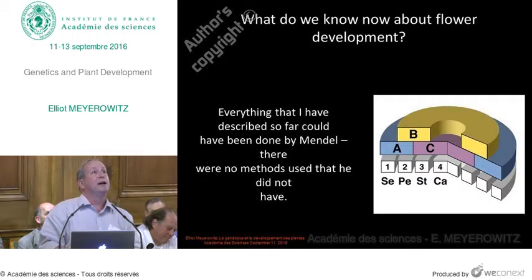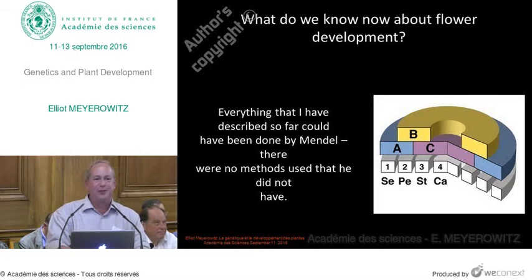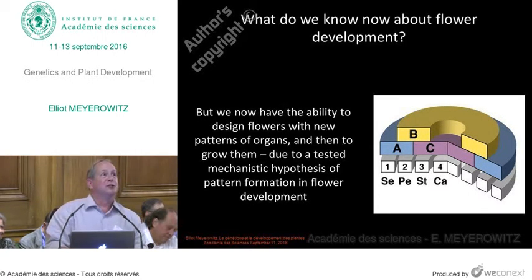All right, so what do we now know up to this point in my talk about flower development? Everything I've described could have been done by Mendel. There were no methods used that he did not have. Of course, this didn't last for very long. We've heard about the sequencing of the Arabidopsis genome done in part in Genoscope. And so needless to say, we availed ourselves of the knowledge that genes are DNA and of the armamentarium of modern molecular biology that we heard about in the first lecture and cloned some of these genes.